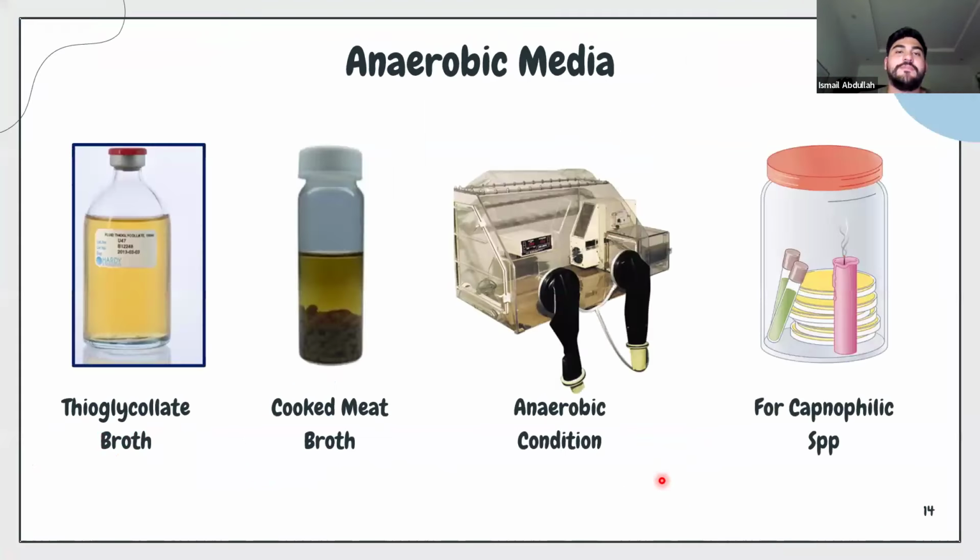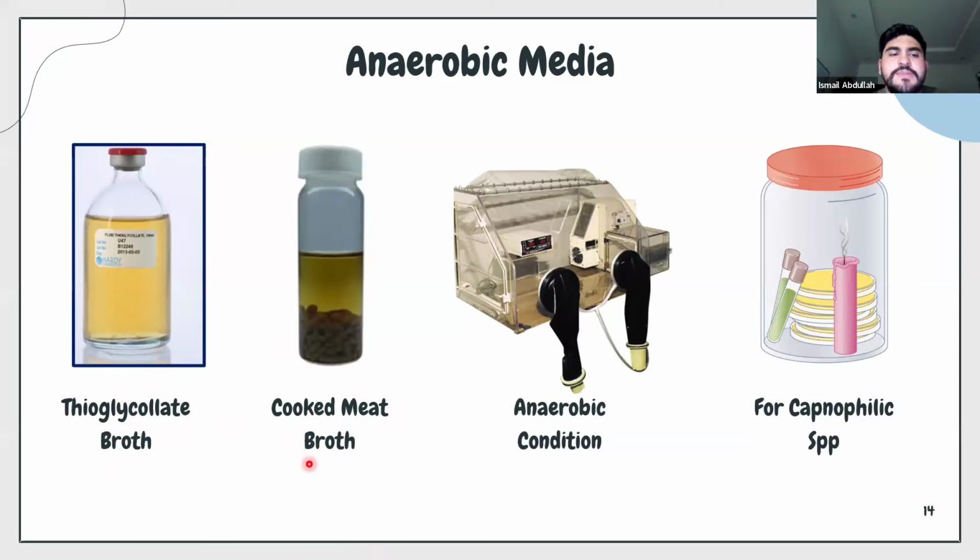Okay, moving on. So those who cannot live or cannot grow in oxygen levels, okay, we need certain media for them to be able to grow. So we have the thioglycolate broth and we have the cooked meat broth. You only need to know how they look and you only need to know their names. That's it.